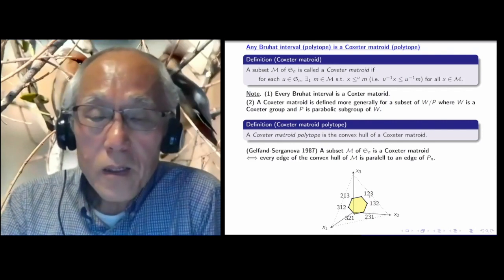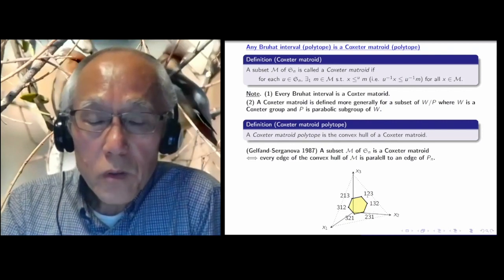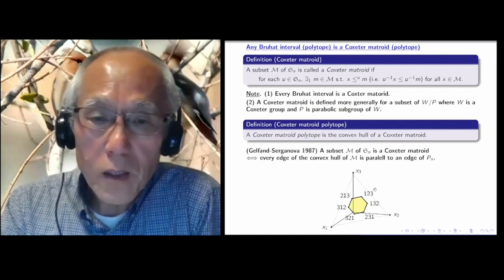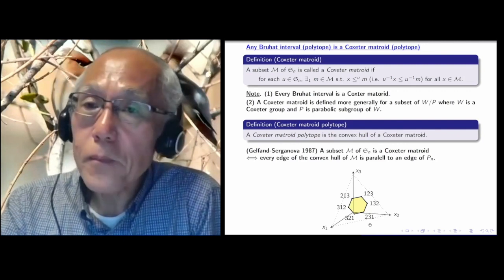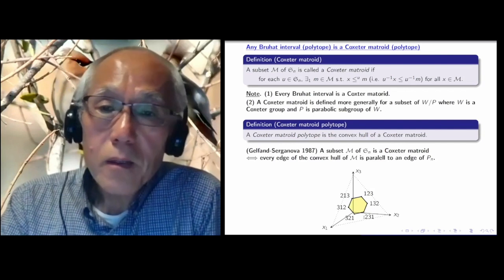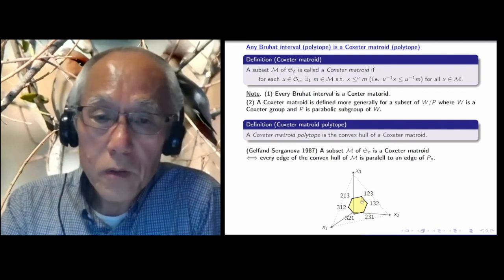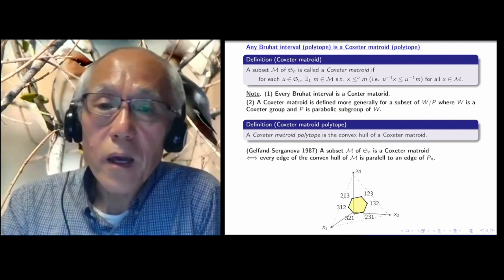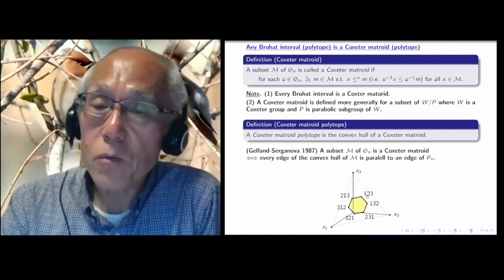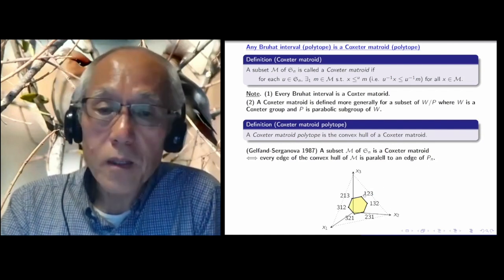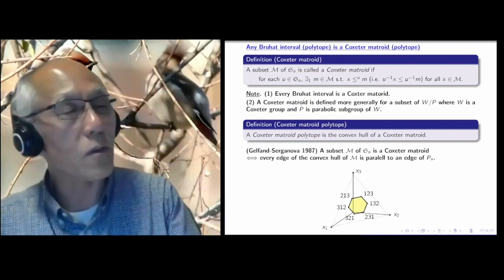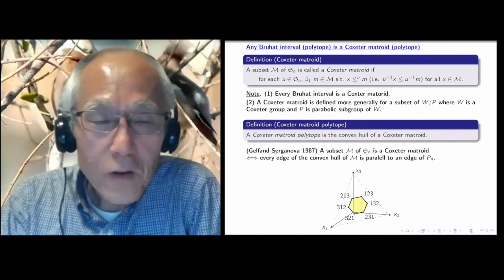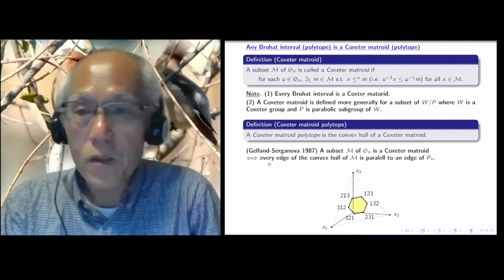But if you take a subset consisting of 1, 2, 3 and 2, 3, 1, then the convex hull of these 2 elements gives this edge, which is not parallel to any edge of the permutohedron, this hexagon. So that set of 2 elements is not a Coxeter matroid. This is a very nice characterization of Coxeter matroid.